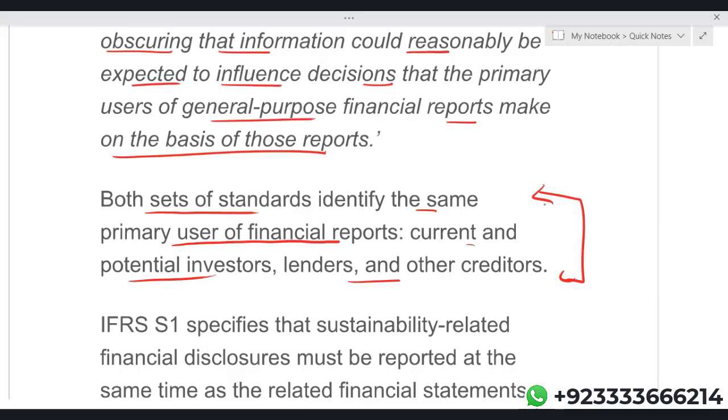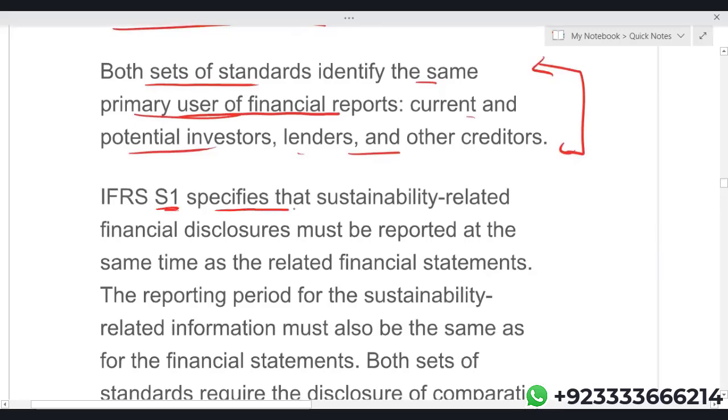Plus the definition of materiality is the same. Plus both sets of standards identify the same primary users of financial reports. Obviously users will not change: current and potential investors, lenders and other creditors.